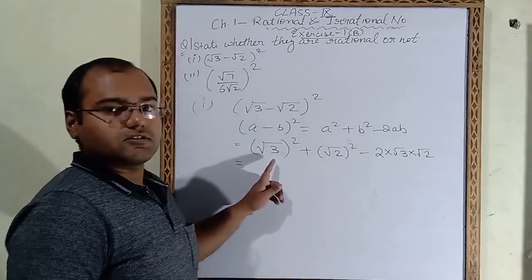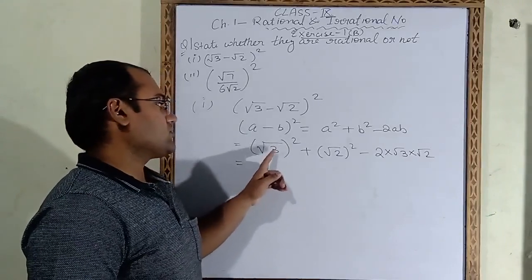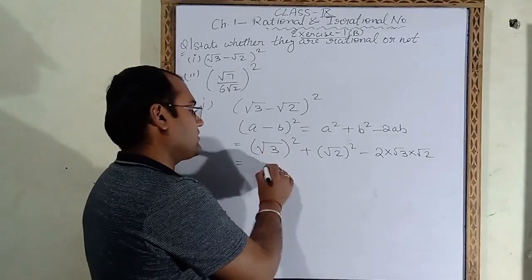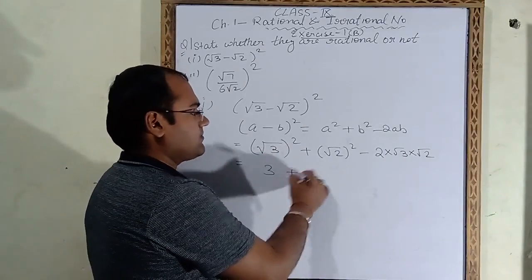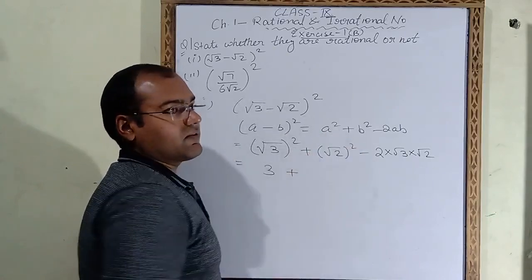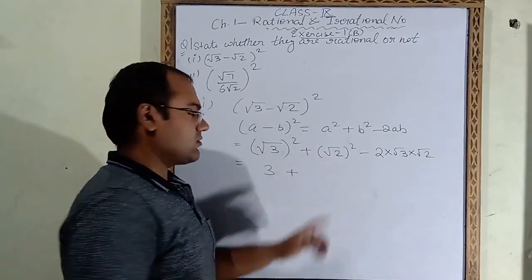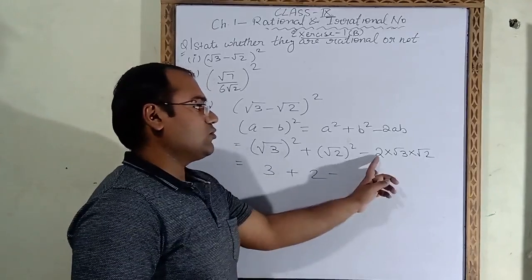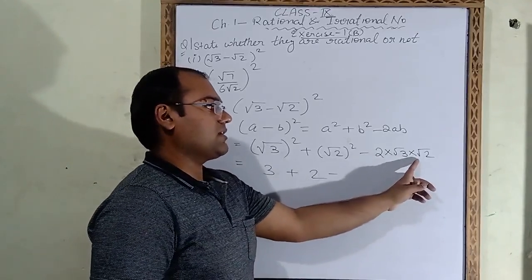When we square the root 3 we will get answer 3. Here root 2 square, when we do this, the square root will get removed, answer will be 2 minus 2 multiply root 3 multiply root 2.